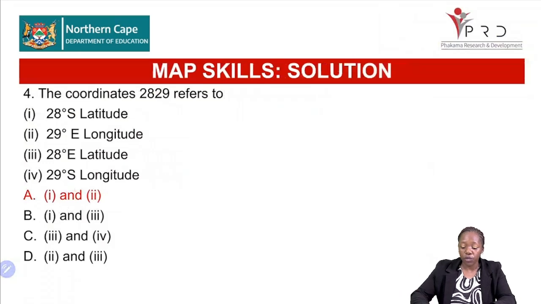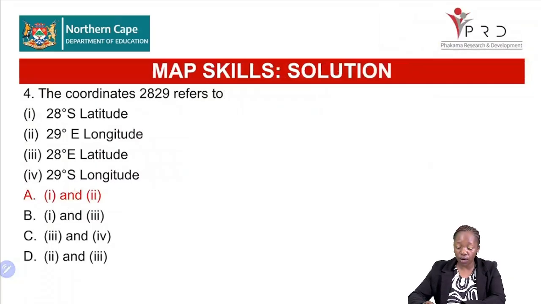So even if you are not sure, in that map you are given the direction, which is S, giving you the indication that this is south. Then at the top, you have your 29 degrees and 45 minutes with east direction.